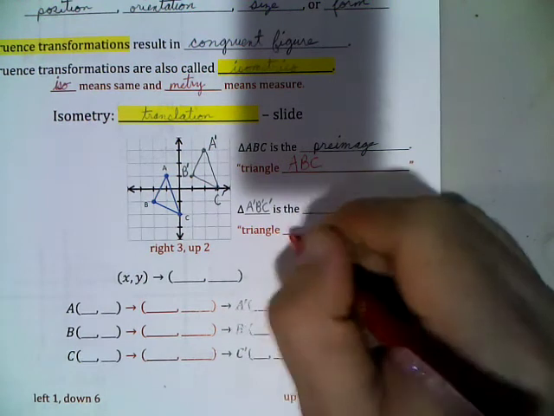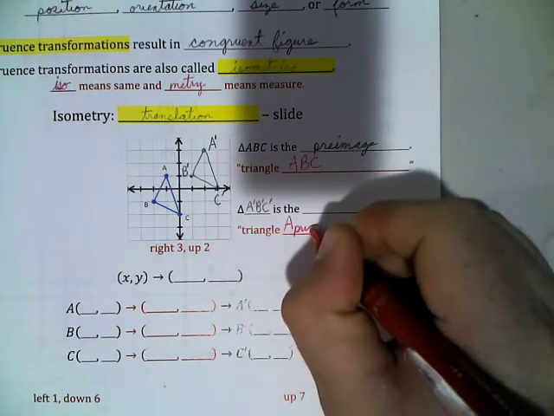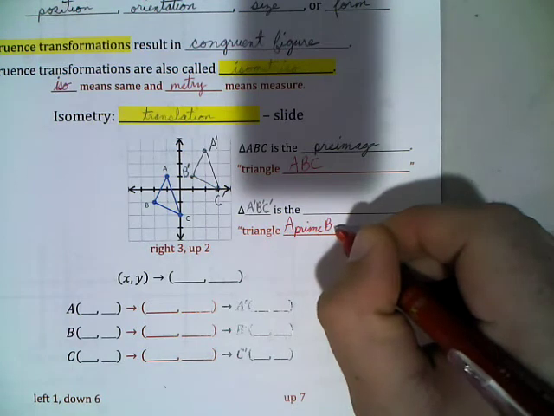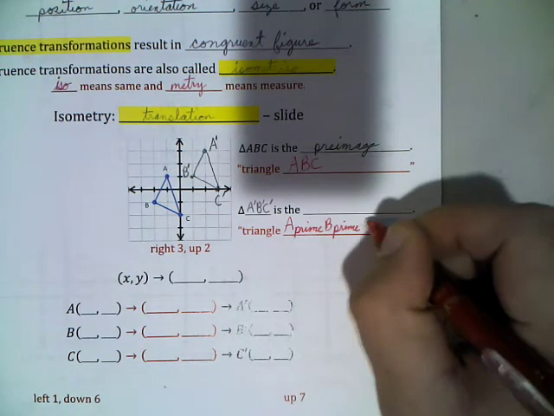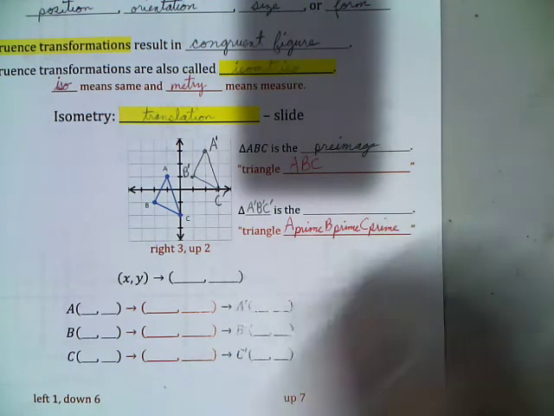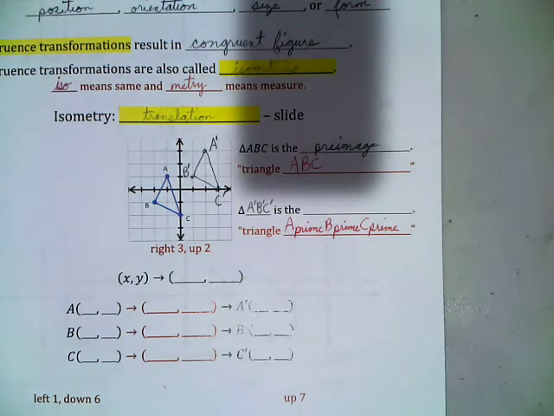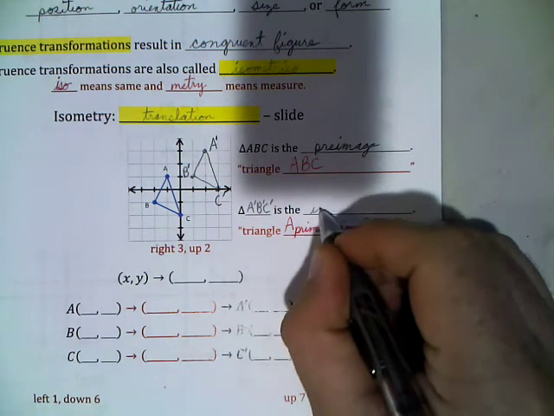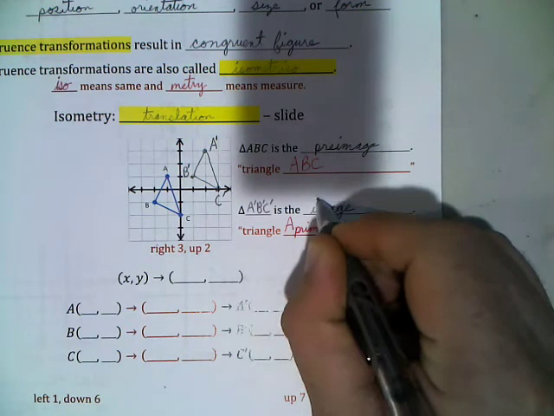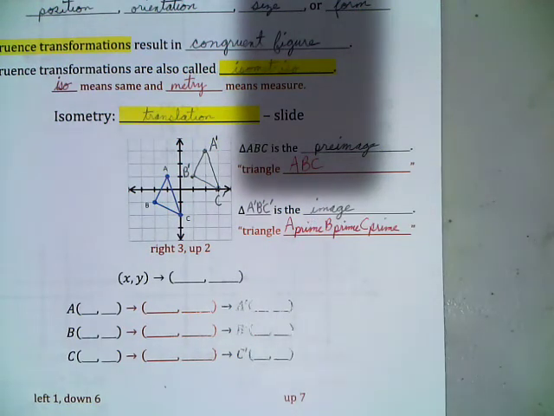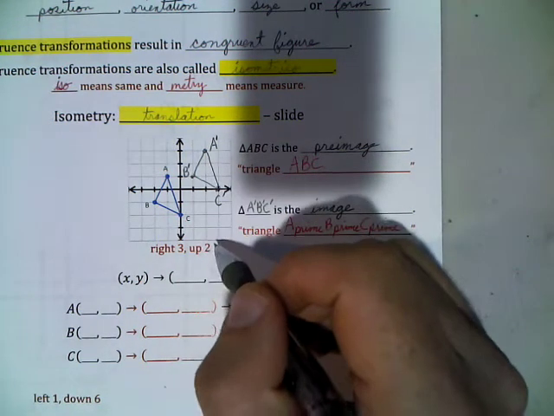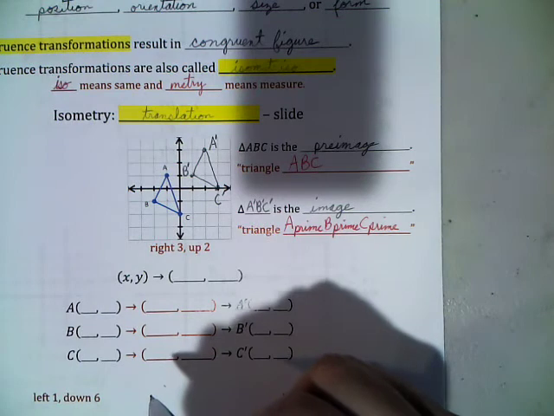And it would be read as triangle A prime, B prime, C prime. And if triangle ABC is the pre-image, then triangle A prime, B prime, C prime is the image. And what you should notice here is, given a little bit of human error, these two triangles are pretty much identical.